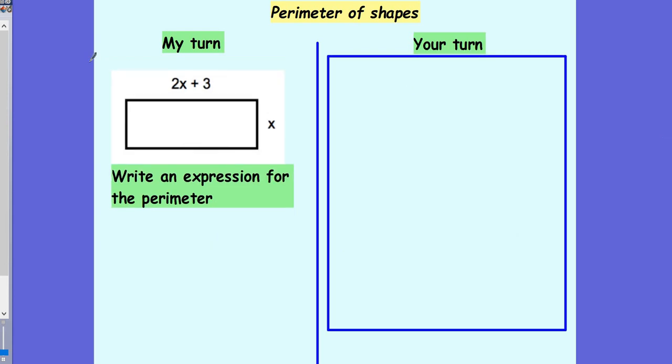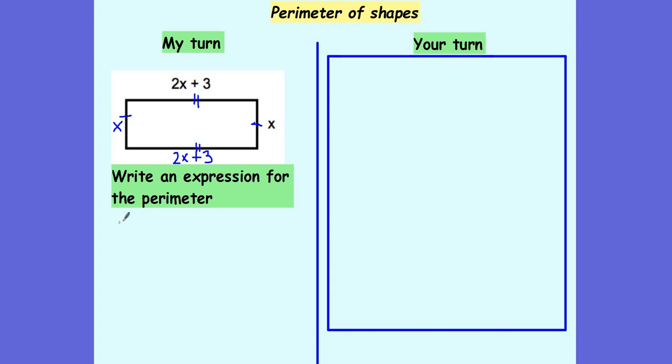Okay, Year 7, let's do a slightly different example. We've still got a rectangle. First off, I've been asked to write an expression for the perimeter. So in this case, 2x plus 3 is the top bit, but it's also going to be the bottom bit. And the two sides are going to be the same length as well, because it's a rectangle.